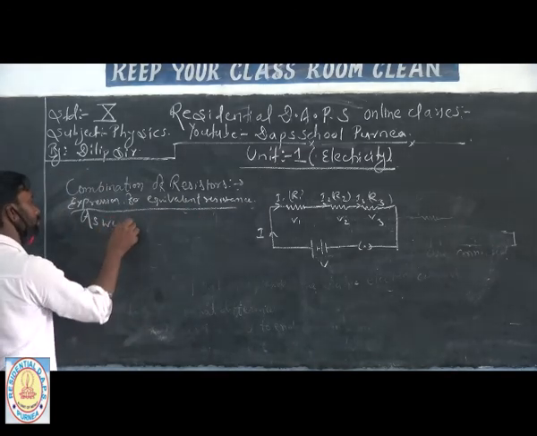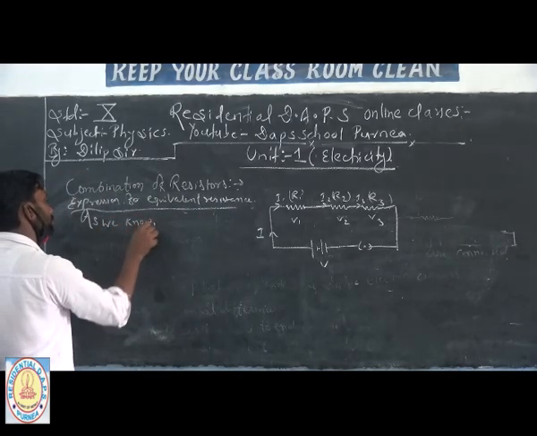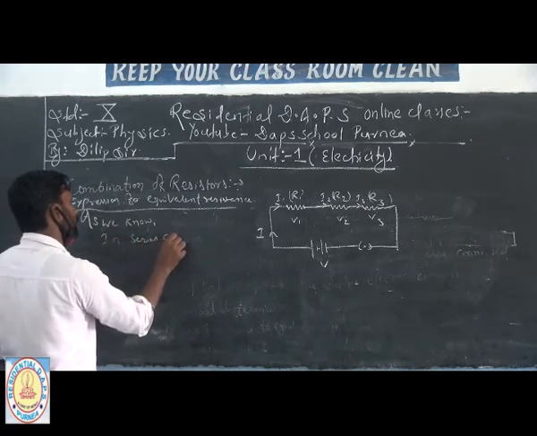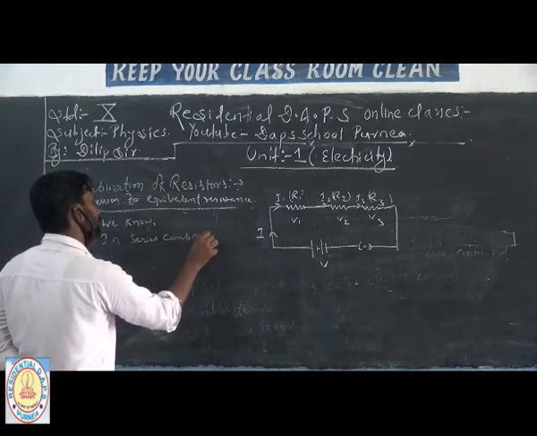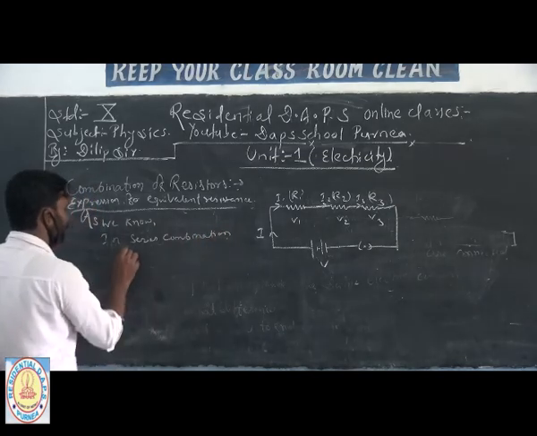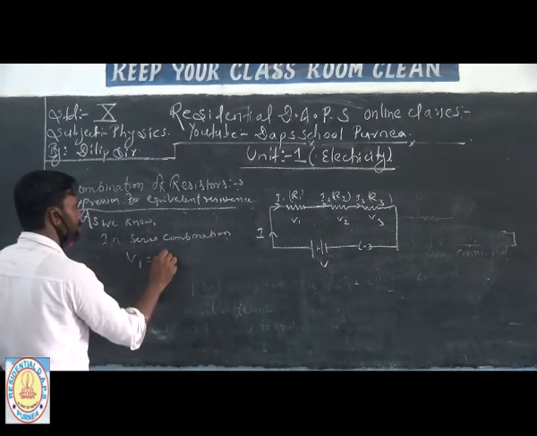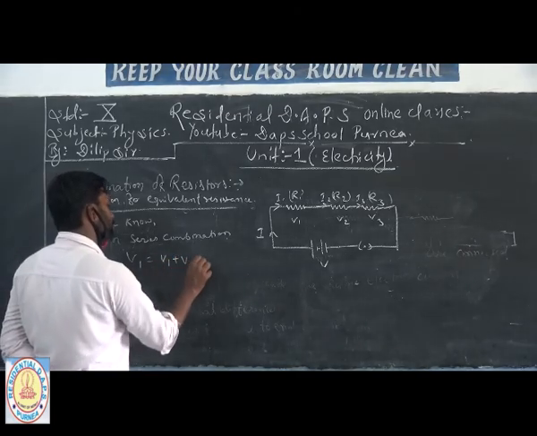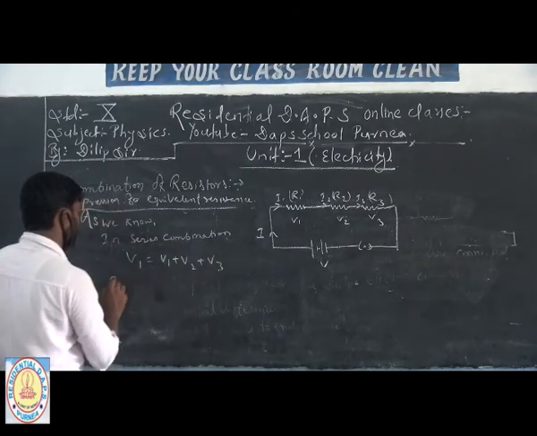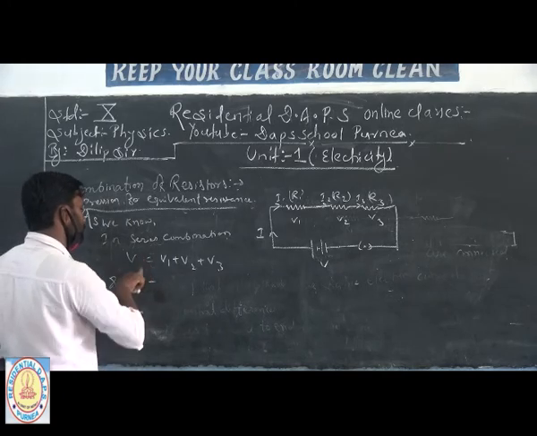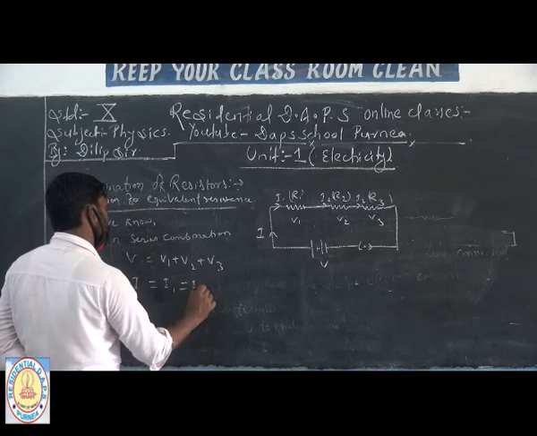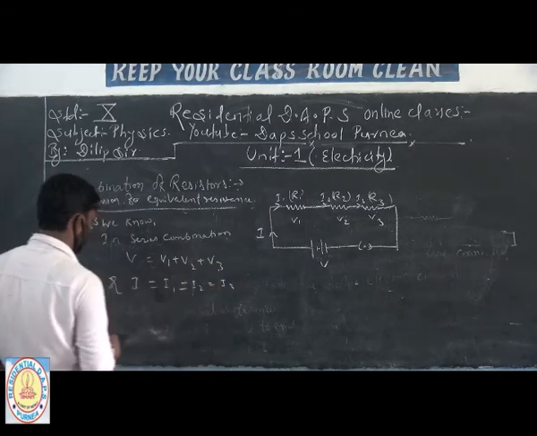In series combination, V equals V1 plus V2 plus V3, and I equals I1 equals I2 equals I3.